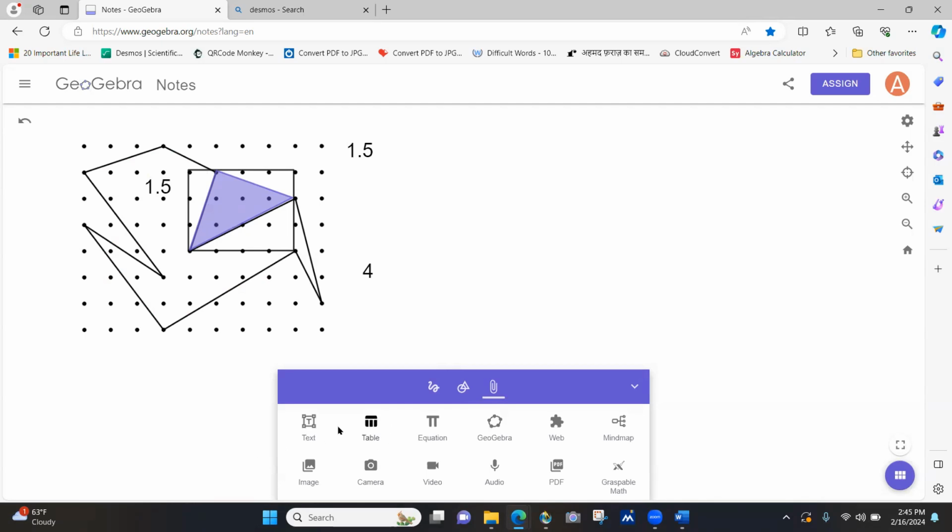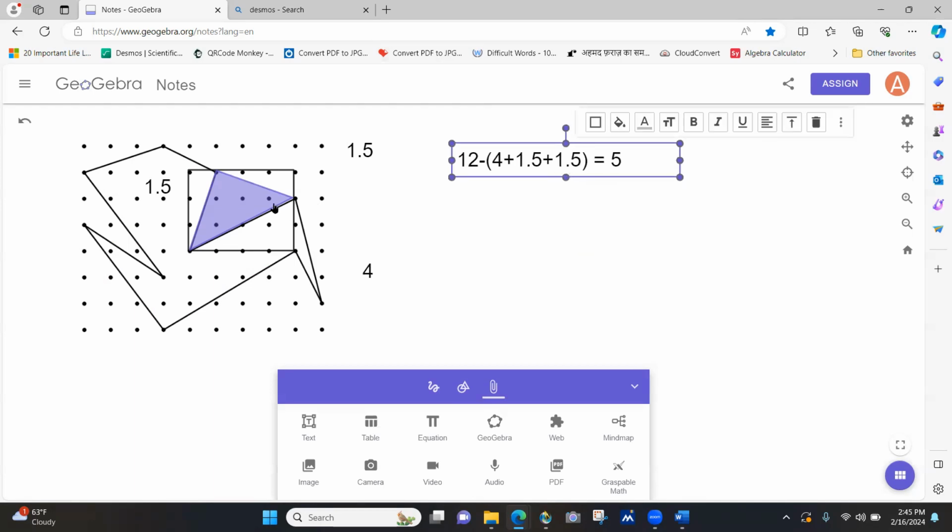If I subtract from 12, 4 plus 1.5 plus 1.5, I get 5, if I'm not mistaken. I'm not going to worry about the units right now. This is 5.